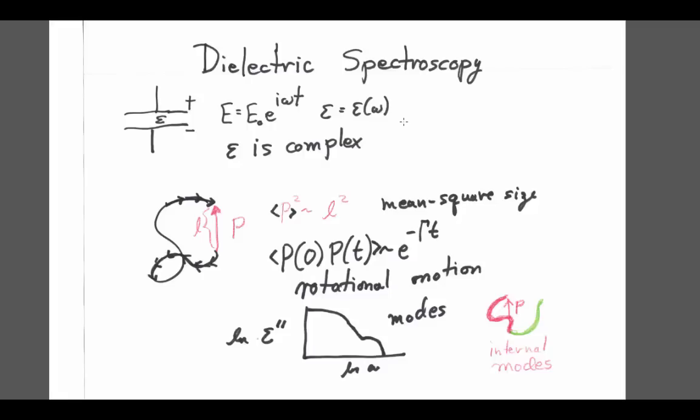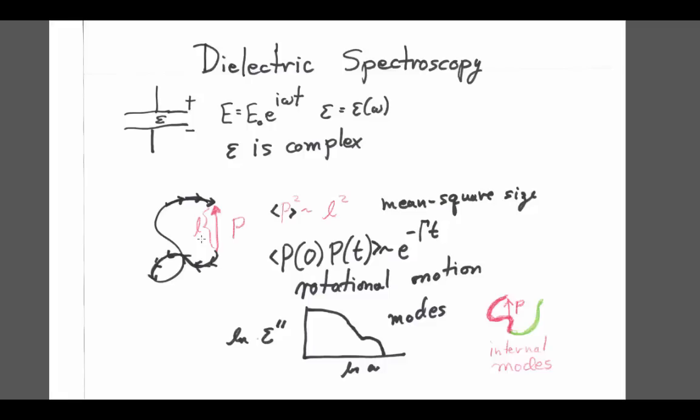In any event, the mean square size of the dipole moment, P, is proportional to the mean square distance between the two ends of the chain, because the chain is simply giving you a vector sum of dipoles that point from one end to the other, and that vector sum is equal to the dipole moment P. And therefore, dielectric relaxation on polymers lets you measure the mean square end-to-end distance of a polymer chain.